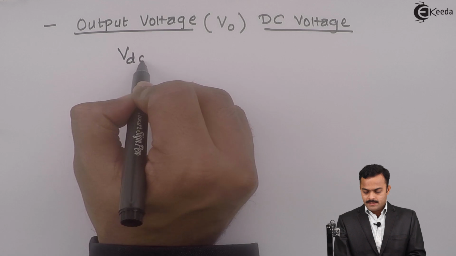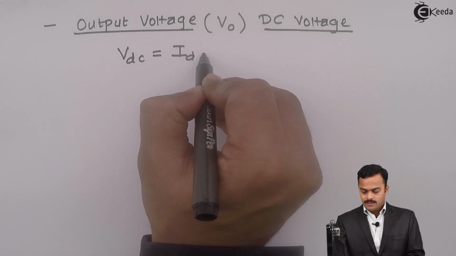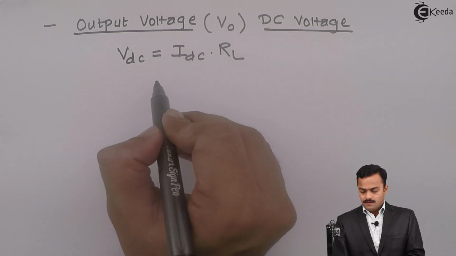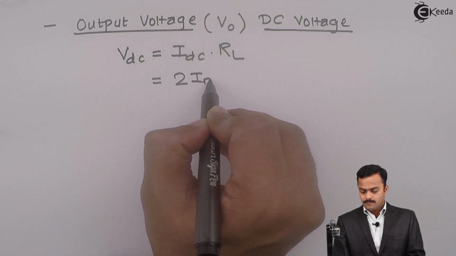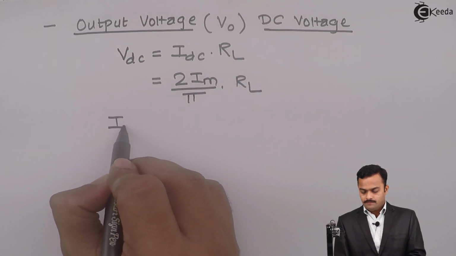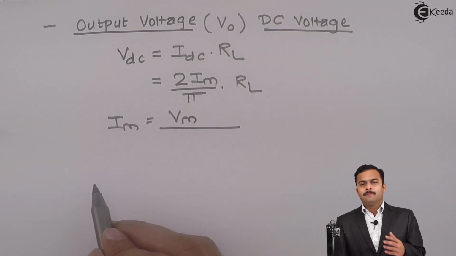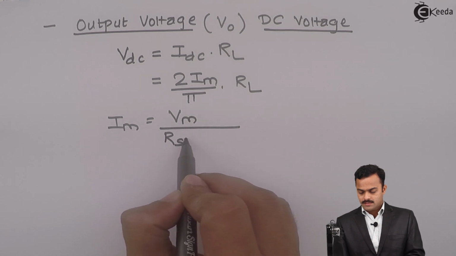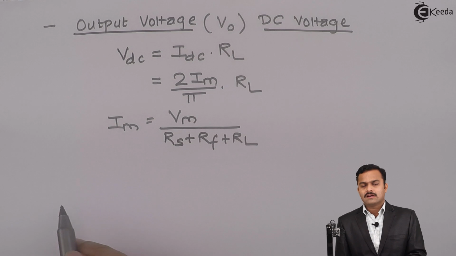So, VDC is the voltage across load resistance RL given by IDC multiplied by RL, and IDC we have calculated as 2 Im by pi. Im is nothing but Vm divided by number of resistances in series, meaning there will be Rs, there will be Rf and there will be load resistance RL.